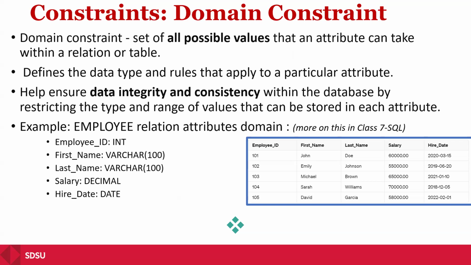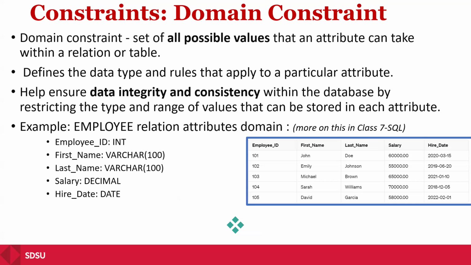It defines rules that apply for a certain field, and they make sure that only this specific data type is stored within a certain column of a certain table. For example, we have the domain constraint for the employee relation here.